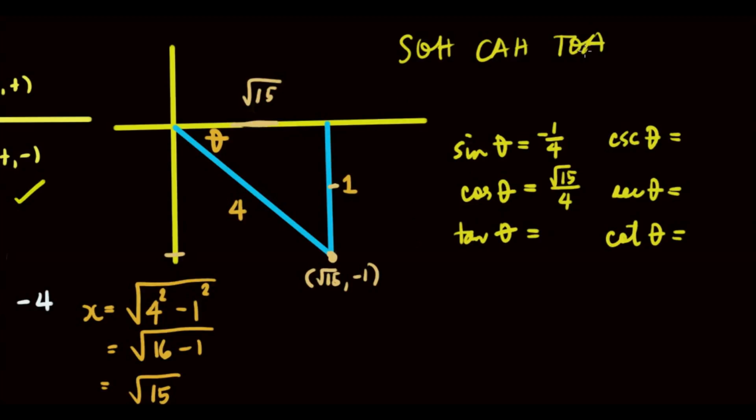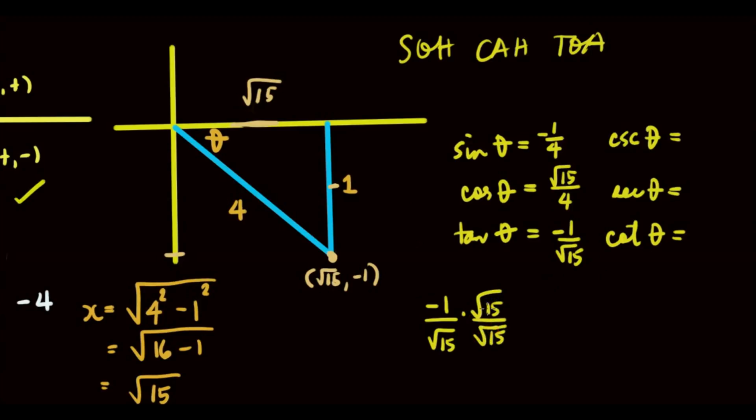Tangent is opposite over adjacent. Opposite is negative 1 over adjacent, square root of 15. So it's negative 1 over square root of 15. Now, if your teacher, ang gusto niya, naka-rationalize yung denominator, you still have to multiply this by square root of 15 over square root of 15.